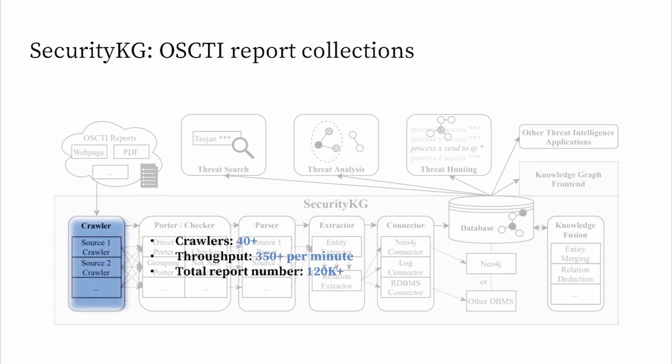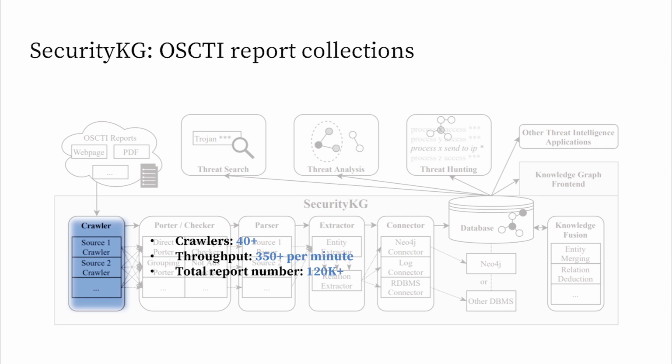To collect the reports used in the security knowledge graph, we built a crawler framework that has more than 40 crawlers for collecting OSCTI reports from major security sources, covering threat encyclopedias, blogs, security news, etc. The crawler framework schedules periodic execution and reboot after failure for different crawlers in an efficient and robust manner.